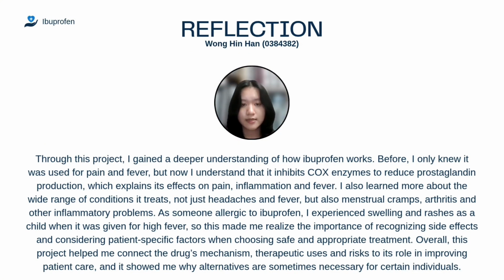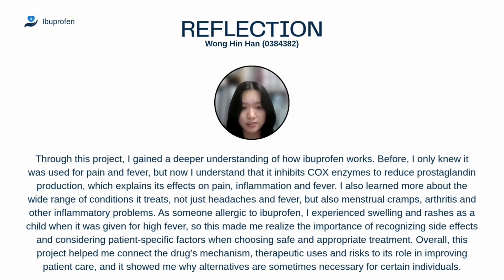Through this project, I gained a deeper understanding of how ibuprofen works. Before, I only knew it was used for pain and fever, but now I understand that it inhibits COX enzymes to reduce prostaglandin production, which explains its effects on pain, inflammation, and fever. I also learned more about the wide range of conditions it treats, not just headaches and fever, but also menstrual cramps, arthritis, and other inflammatory problems.